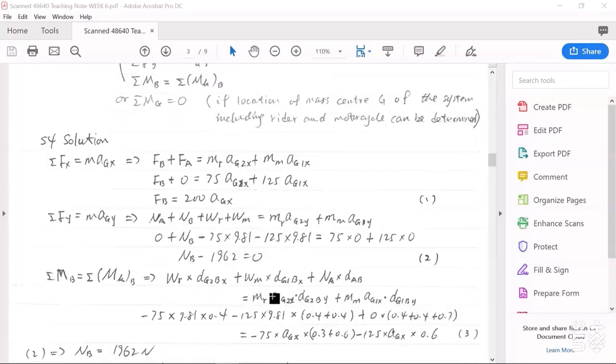For MR AG2x, about point B, the kinetic moment is negative. And for MMAG1x, it is also negative.